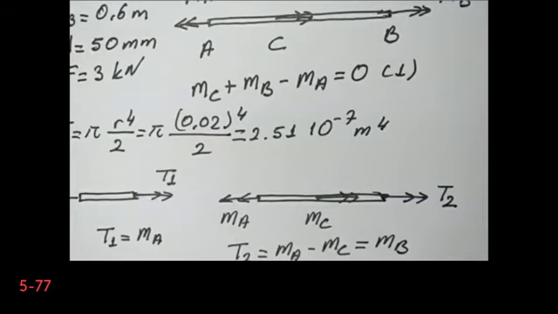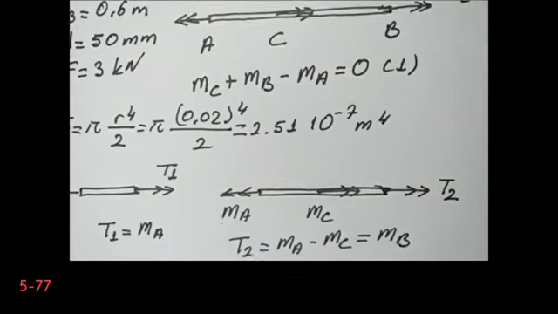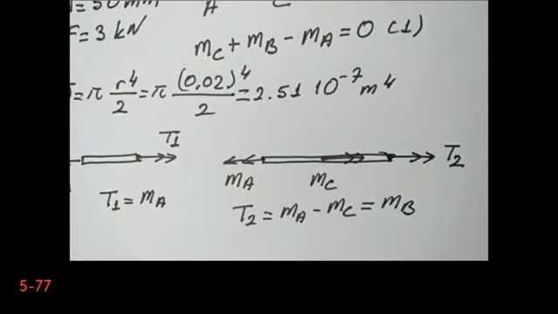So now we know the torques in region 1 and region 2, therefore I can write the angle of twist from A to B or B to A, doesn't matter.